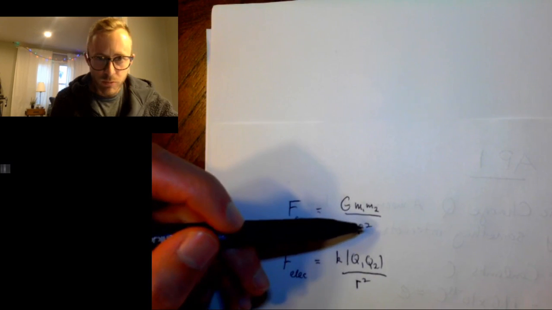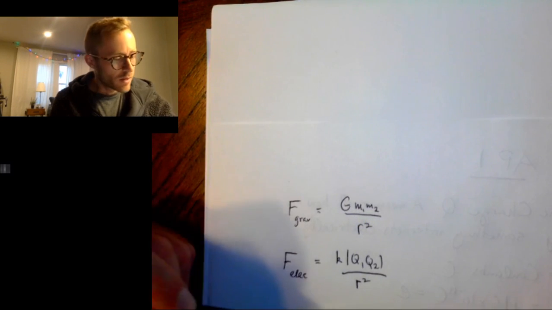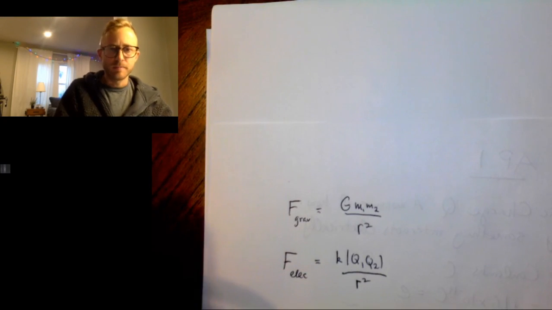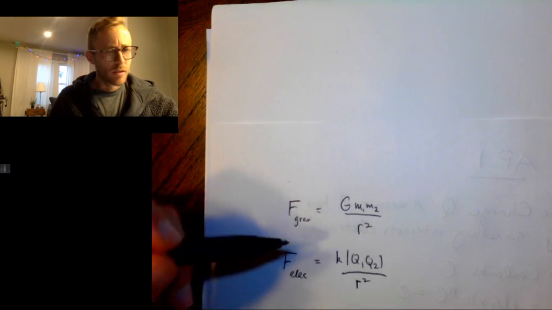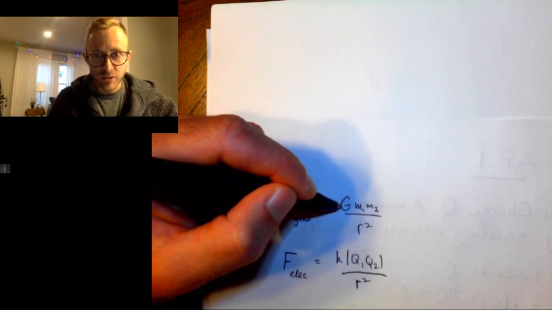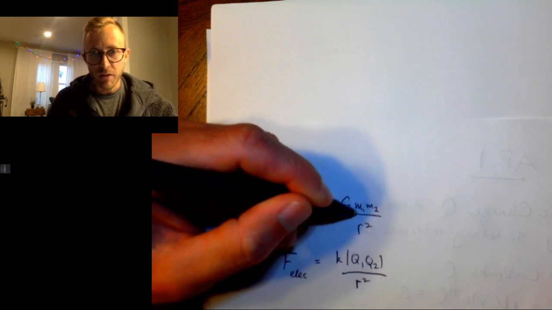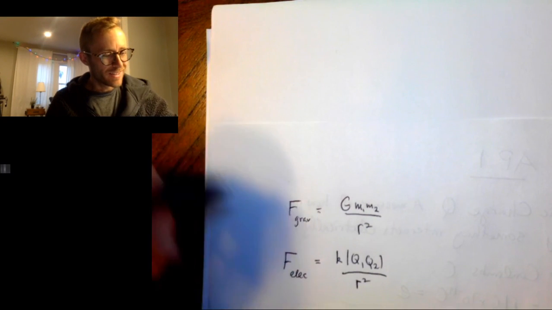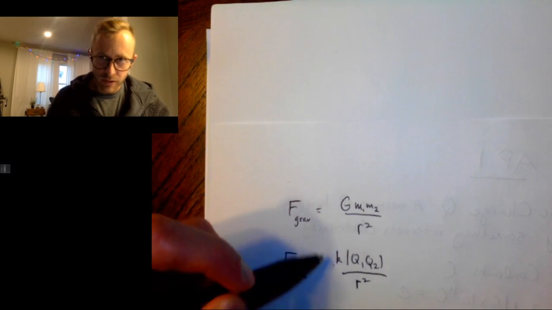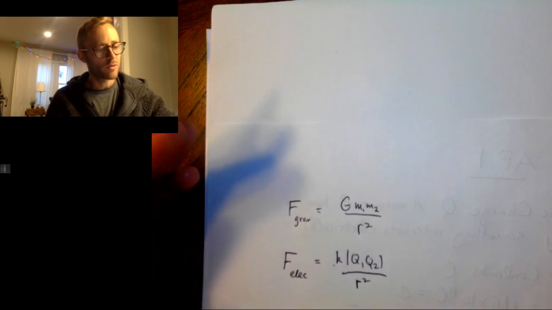So see how they're both 1 over r squared. G, the universal gravitation constant, which controls the strength of gravity throughout the universe, is analogous to K, the Coulomb constant, that controls the strength of the electrical force throughout the universe.